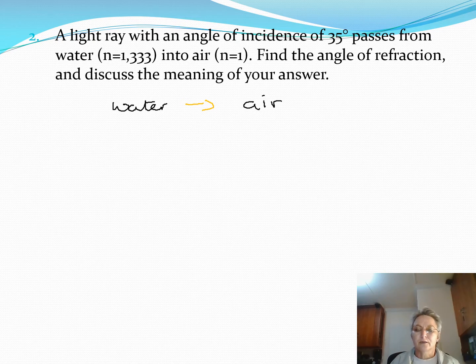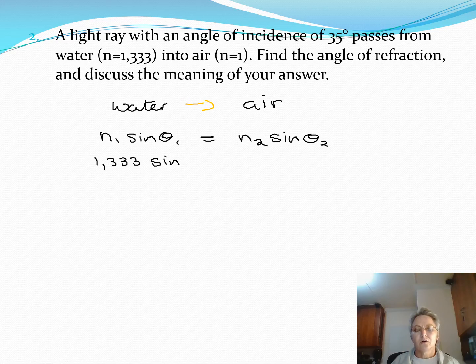So we need to use Snell's law. n1 sine theta 1 equals n2 sine theta 2. n1 is 1.333 sine of 35 degrees equals 1 sine theta 2. I don't know what the angle of refraction is.